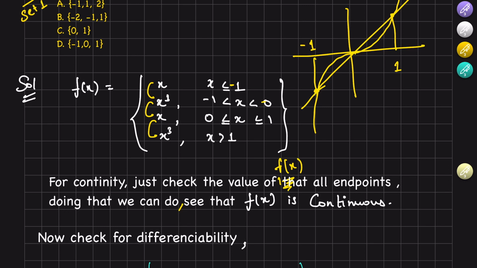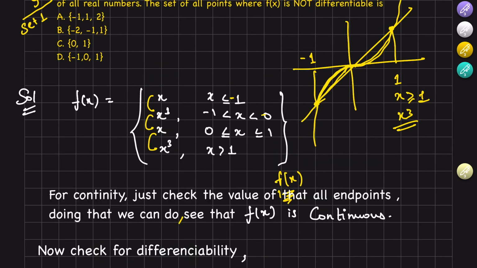By noticing the graph, you can see that x cube takes a value greater than x for x greater than or equal to 1. And similarly till -1, x cube is bigger than x. Hence we can directly say that 0 is not differentiable, 1 is not differentiable, and -1 is not differentiable. You don't need to check for 0 because both the options contain 0 also.